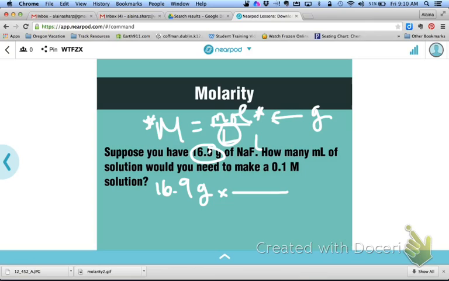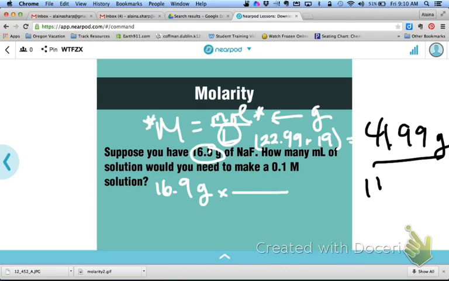and Na is 22.99 plus F is 19. And I put that in my calculator and I am getting, what am I getting? I'm getting 41.99 grams per 1 mole. And so based on my conversion there, I actually need to flip-flop that.